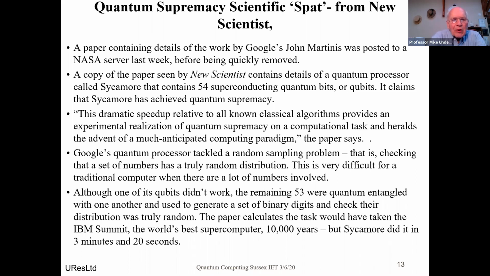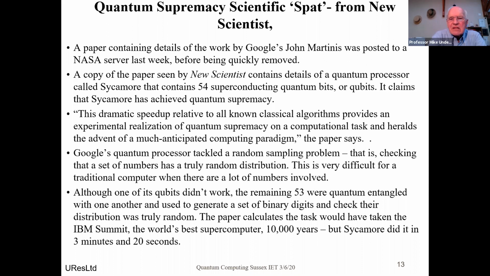Now, although one of its qubits didn't actually work, the remaining 53 were quantum entangled. We'll come back to this question of quantum entanglement and what it means. It then generated at the end of its little cycle of operation a set of binary digits and checked their distribution was truly random.